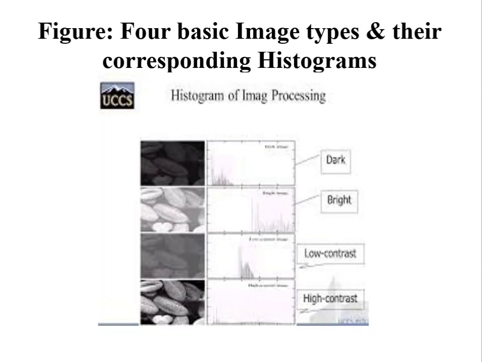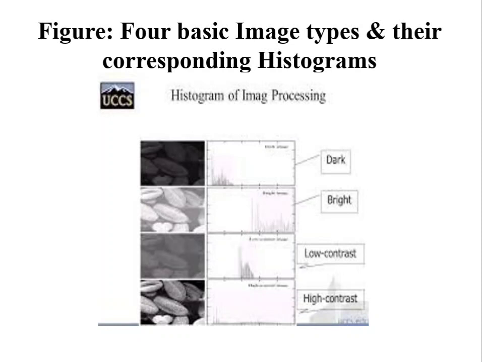It is reasonable to conclude that an image whose pixels tend to occupy the entire range of possible intensity levels and, in addition, tend to be distributed uniformly, will have an appearance of high contrast and will exhibit a large variety of gray tones.